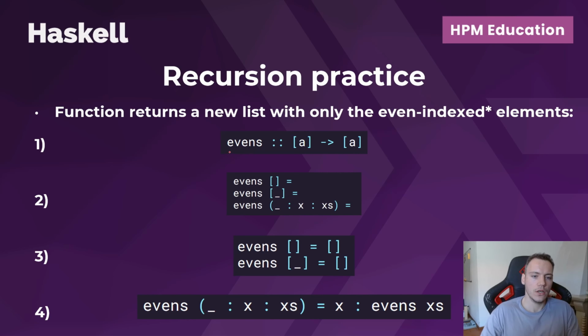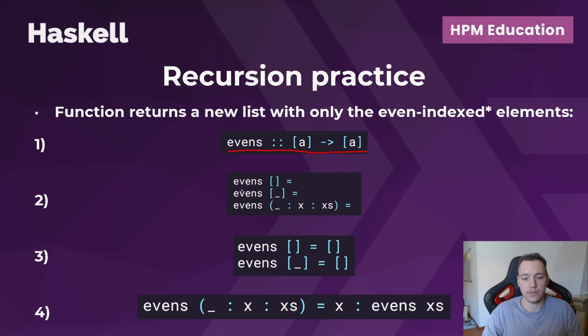Okay, so we define the type signature as the first step. We call this function evens, and we take a list of whichever type, type A, and we return a list of the same type. It's simply the same type of elements, just some are filtered out.